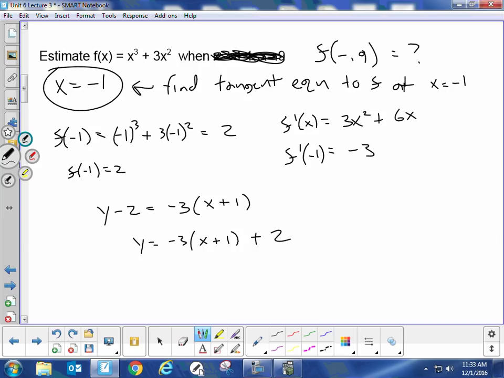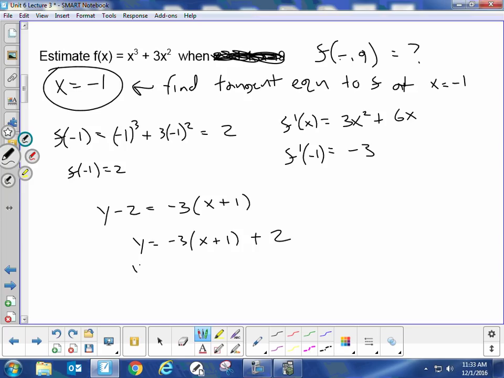If we so choose, then we use this tangent line equation, which will mimic this function around -1, well, -0.9 is really close to -1. So this will do a good job of approximating what this value actually is. And I can do that by hand, whereas I can't take -0.9 and cube it easily.